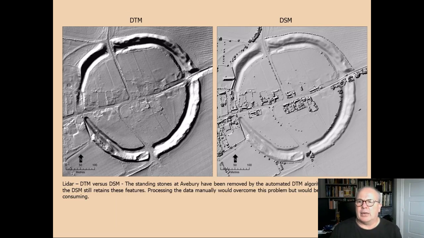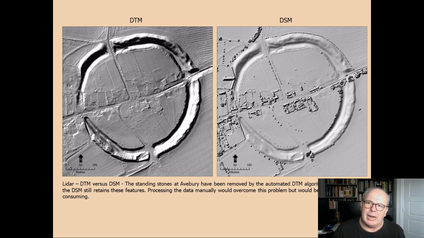If we look at a couple of close-ups here for a DTM and a DSM for Avebury, we can see that on the left is the DTM. This has been treated with the automatic algorithm that strips out buildings, trees, etc. On the right we've got the DSM, the surface model, which still retains the buildings and in this case the standing stones.